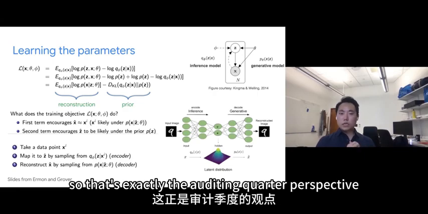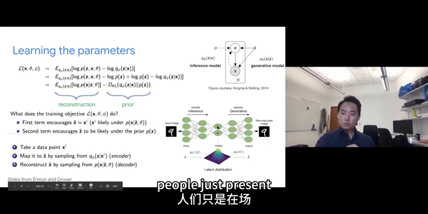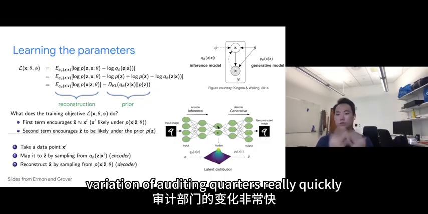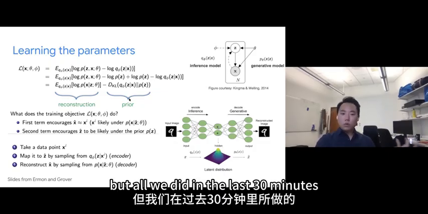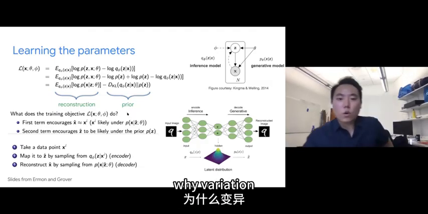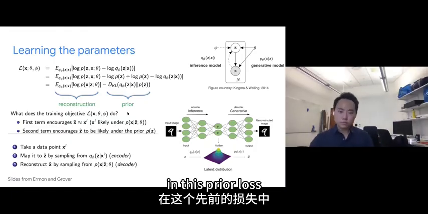So that's exactly the autoencoder perspective. This is usually what people present if they want to explain variational autoencoders really quickly. But all we did in the last 30 minutes was a derivation of why variational autoencoders exhibit a reconstruction loss and this prior loss.